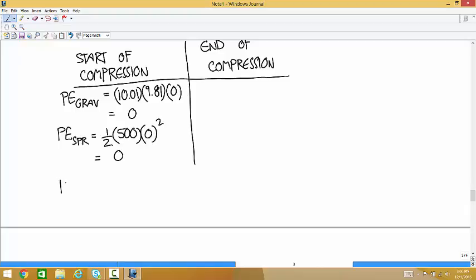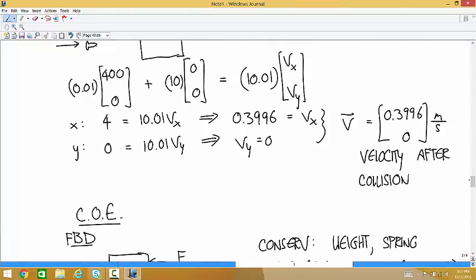And then the kinetic energy is equal to 1/2 times the mass, 10.01, times the speed squared. What's the speed at the start of the compression? The compression is after the collision ends, so the speed at the start of the compression is the one that we just calculated.